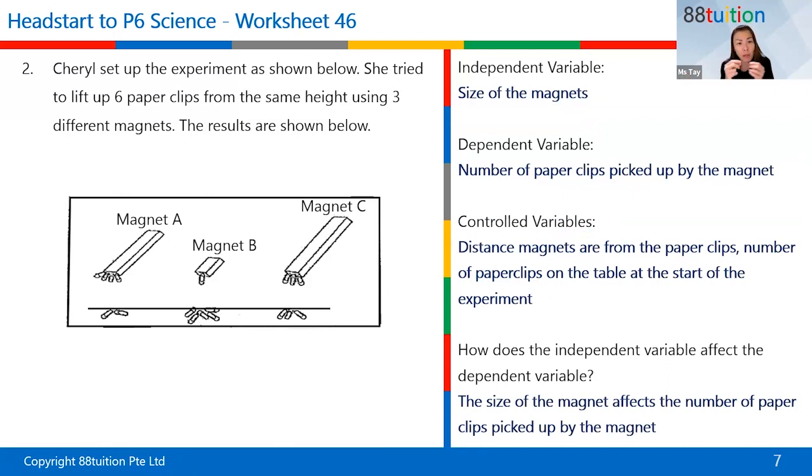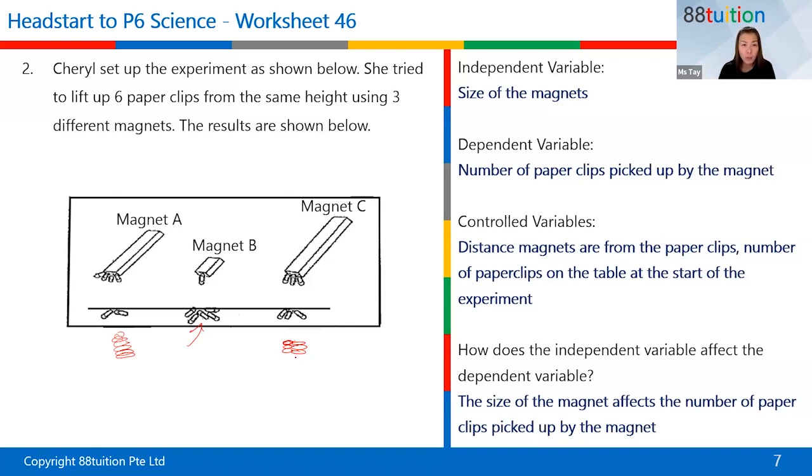Because you cannot have, let's say, cases where the paper clips are stacking up, so the one at the top will be attracted by the magnet, right? Then in another experiment, you have them arranged this way. Then in another experiment, the arrangement is different.